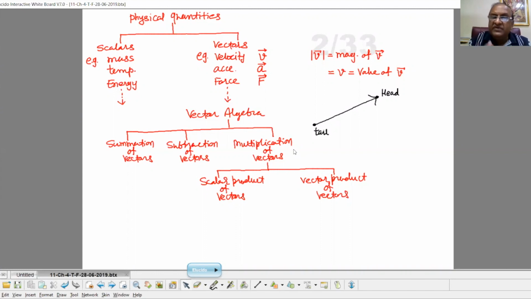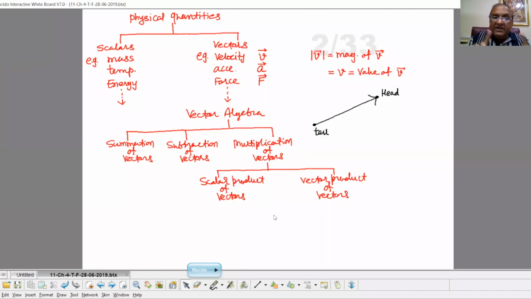Or in other words, when more than one vector physical quantity is acting at the same time, what is the final result? That is vector algebra. Okay? Division of vectors is not defined. We have to think about the summation, subtraction, or multiplication of vectors.